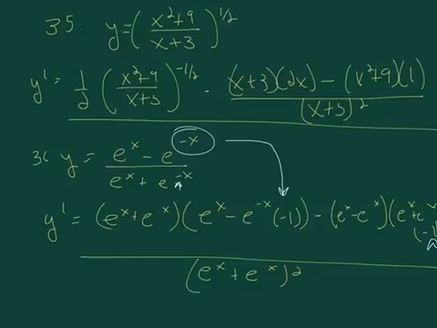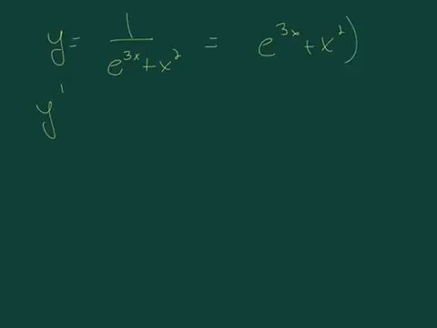All right, 37. I can hardly wait. Let's take a look at that. y equals 1 over (e to the 3x plus x squared). The derivative there, we could get fancy and rewrite this as (e to the 3x plus x squared) all raised to the negative 1 power.